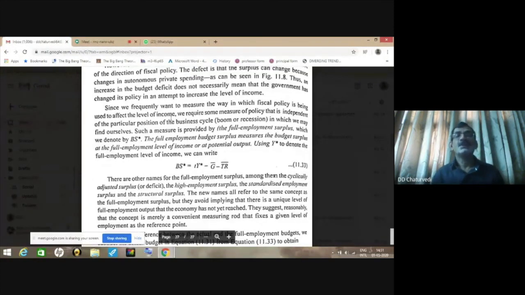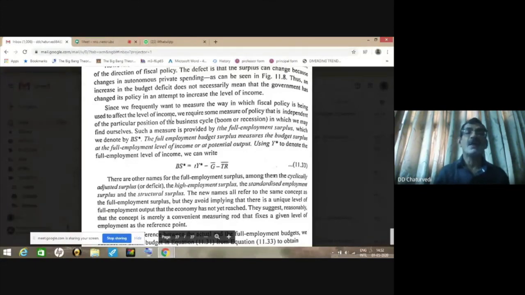This shows the equation corresponding to full employment level. So we can have different other names also for full employment surplus. This is also known as cyclically adjusted surplus or deficit, as the case may be. Because whenever budget surplus is negative, it is called a deficit.